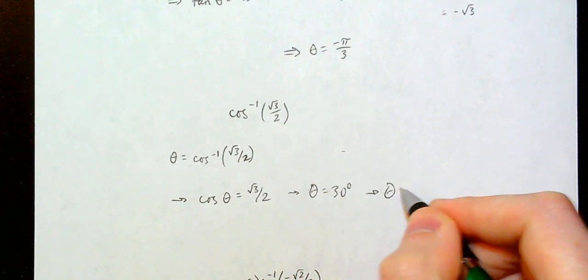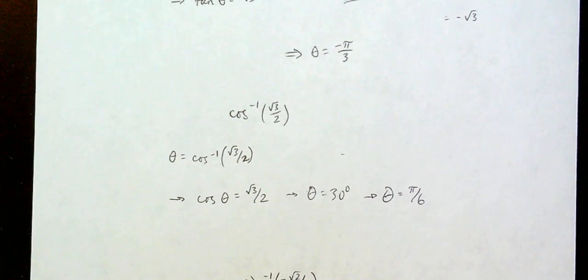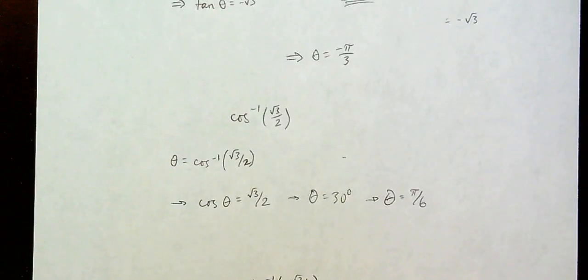But again, we write this in radians form, so it's pi over 6. Again, recall that when you're writing values of the inverse cosine function, your angle theta has to be between 0 and pi. And that's exactly what we have here, so we're good.